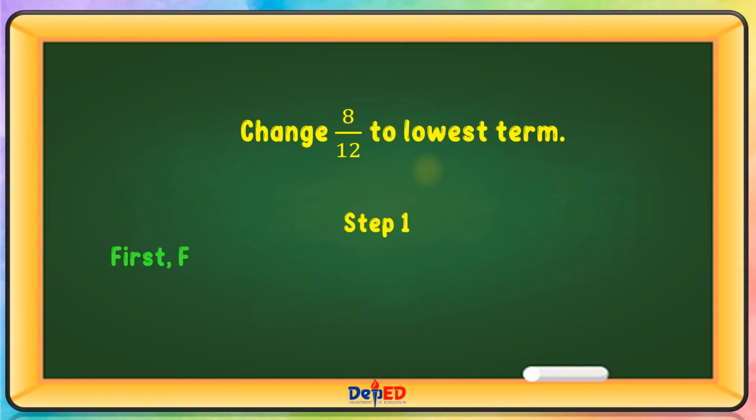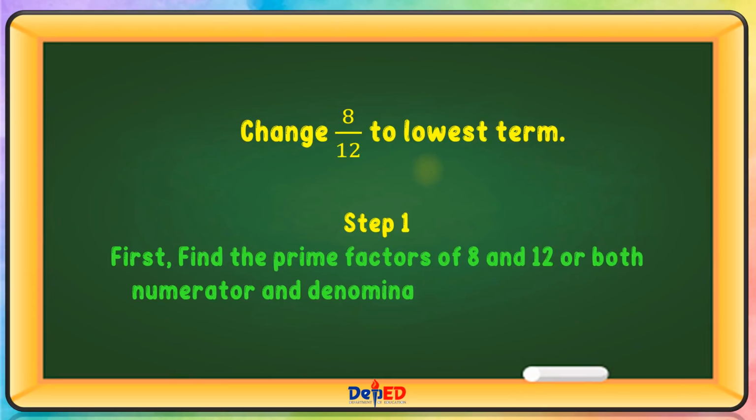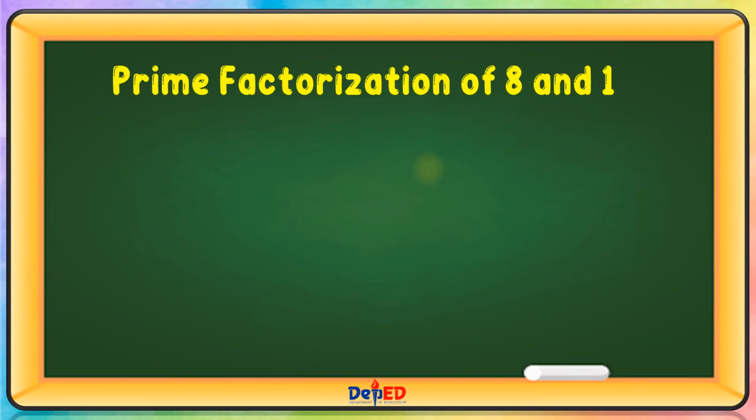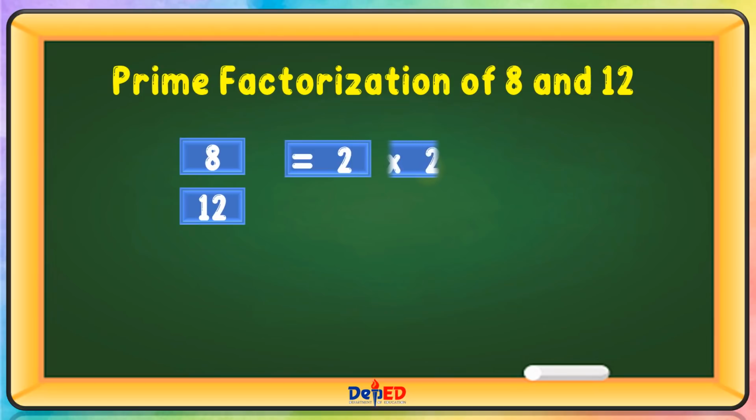Step 1. Find the prime factors of 8 and 12, or both numerator and denominator, to get the GCF. Prime factorization of 8 and 12. The prime factorization of number 8 is 2 times 2 times 2.